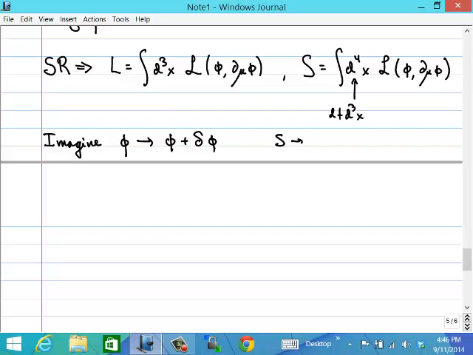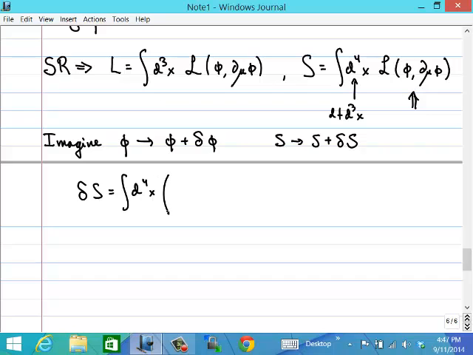So S will go to S plus delta S. And now let's go ahead and compute what delta S is. So to first order in this variation delta phi, what's delta S going to be? Well, S was an integral d4x, so delta S will be an integral d4x. And now we have to ask how this Lagrangian changes as we vary phi.